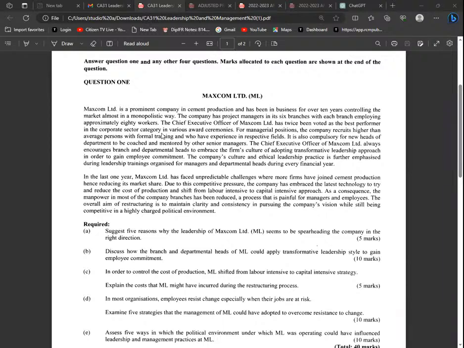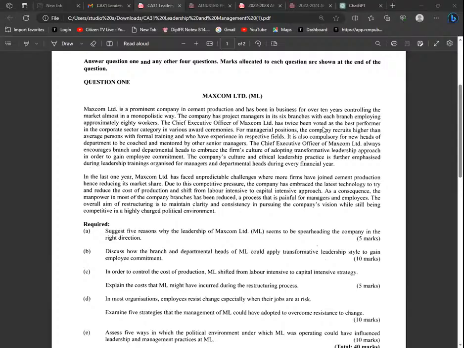When we have our CEO, like the CEO of Equity Bank, being voted as the best in the banking industry, automatically, if this guy is felt by the entire market to be among the best in the industry, then for sure he'll be able to spearhead the company in the right direction. We are told that for managerial positions, the company recruits a higher than average number of persons with formal training and who have experience in respective fields.